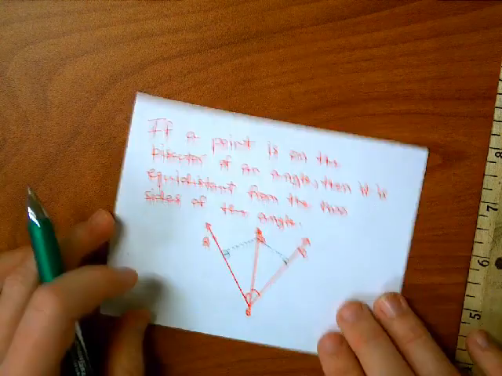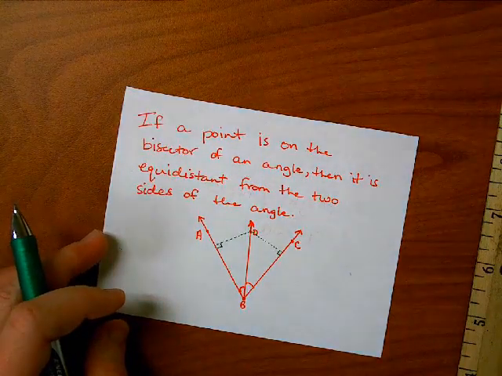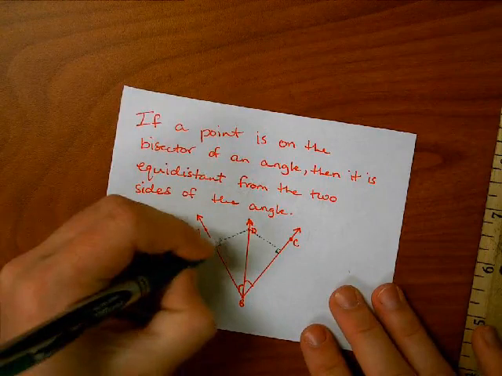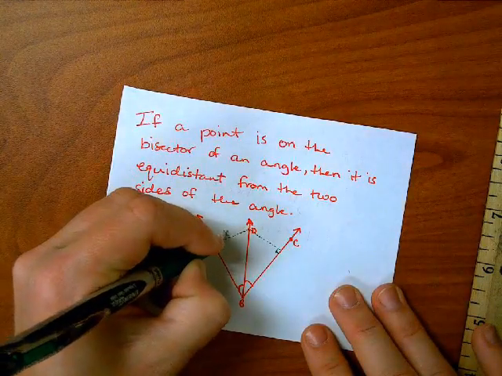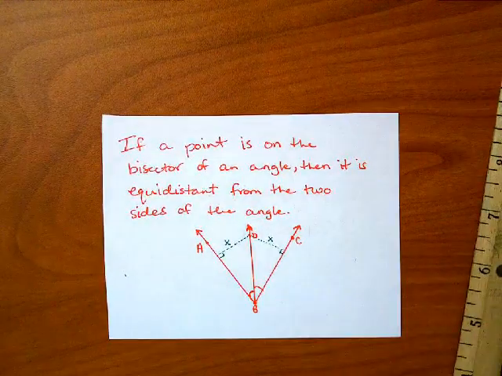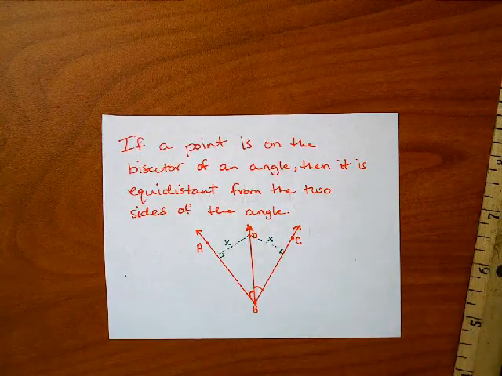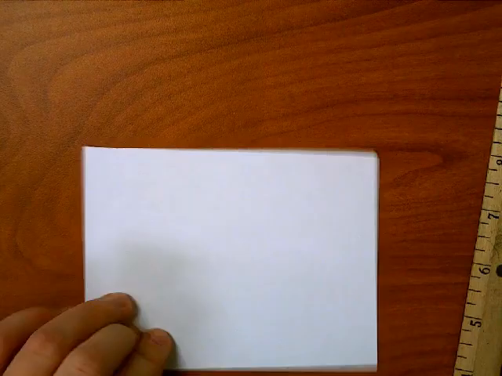So if we don't have the right angle here, then we don't know for sure that it's the shortest distance. So this length would be equal to this length. So the red here is what we know, and the green is then what we can infer based on what we know. Because then on the converse idea, we're going backwards, right?